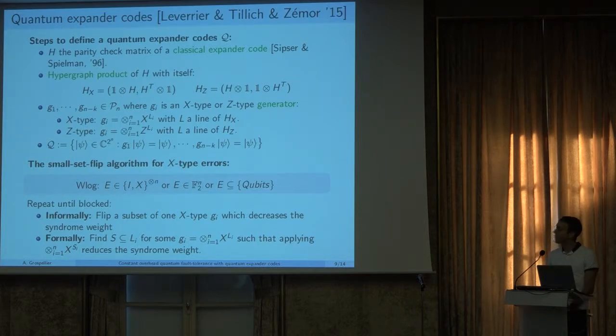The idea is that at each step, you try to flip a small set of qubits in order to decrease the syndrome weight. And in fact, it is possible to prove that this small set can be found as a subset of an X-type generator.